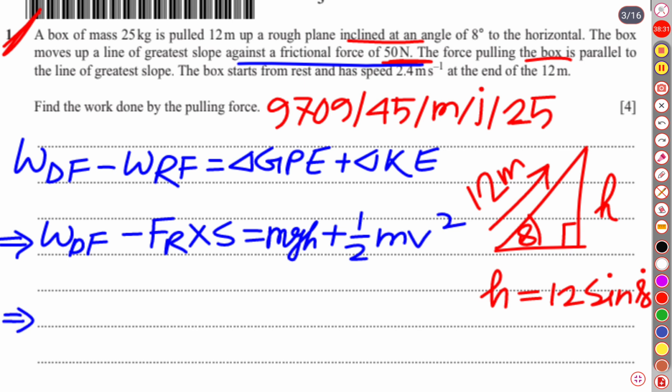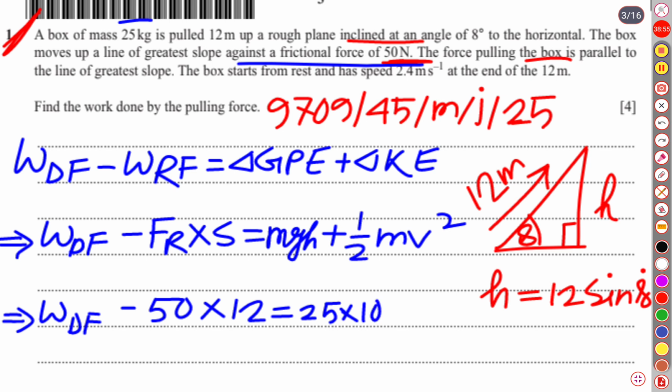So work done by driving force is equal to frictional force, which is 50 Newton, and displacement is 12 meters. It traveled a distance of 12 meters. Mass of the box is 25 kg and acceleration due to gravity is 10, and then height.